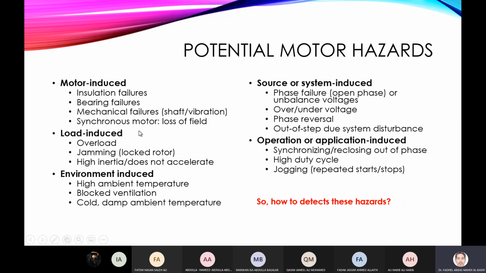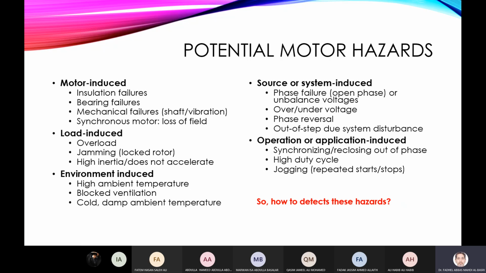For synchronous motors, we have also loss of field, which has an impact. For the load side that's connected to the motor, we have also forces related to an overload, if you exceed the rated load of the motor. Jamming of the rotor, let's say it's jammed and cannot rotate, we call this a locked rotor condition.